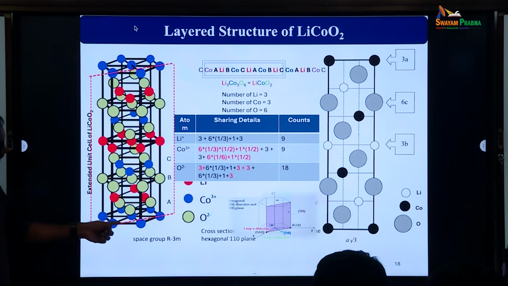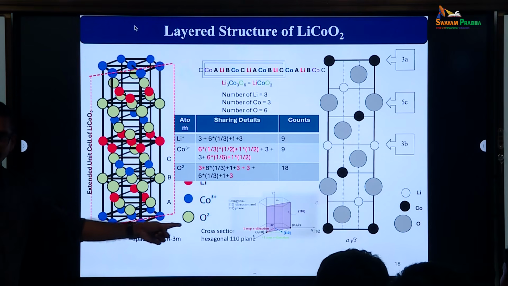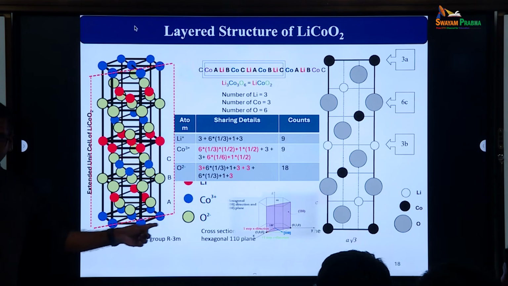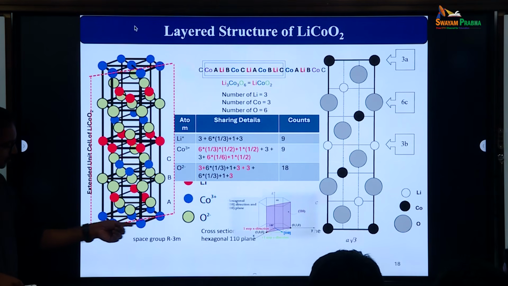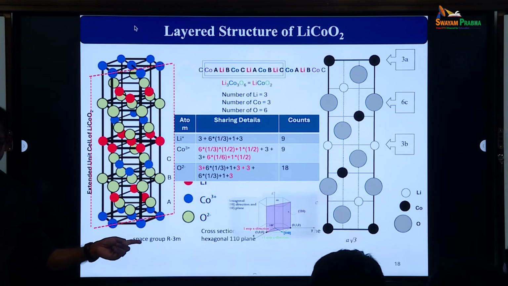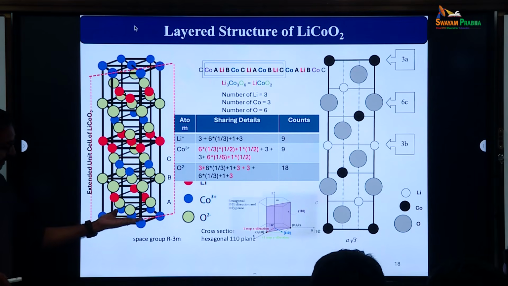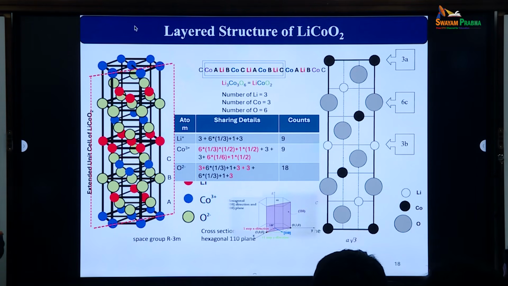Also, each atom is shared by 3 nearby atoms. Then what is the contribution of each atom to this? There is a 1/3 because one goes this way, one goes this way, one comes this way, 1/3. And again there is a 1/2 because that atom is also at the interface of 2 unit cells.